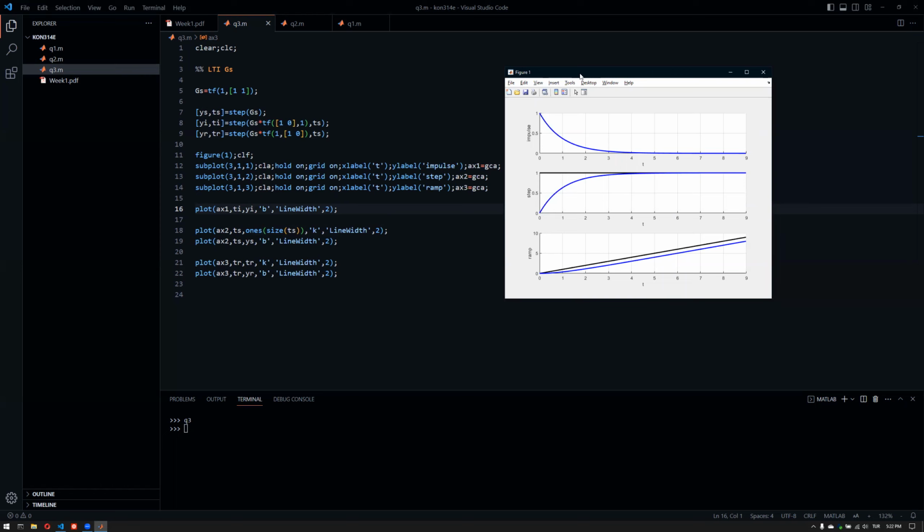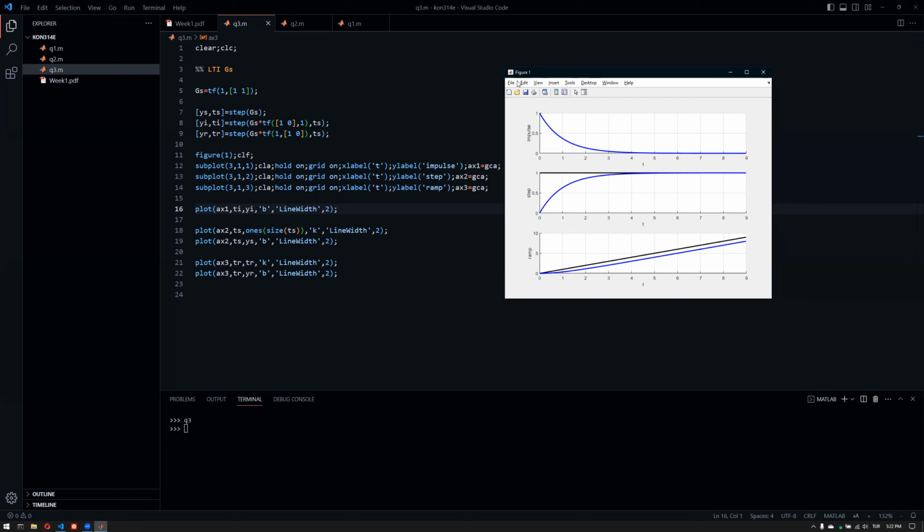So you can just add an S or 1 divided by S in order to switch from step response to impulse or ramp response. Of course, you can also add 1 divided by S squared in order to have parabolic type inputs and examine the output of that. And you can go on like that. But these are quite sufficient in my opinion here.